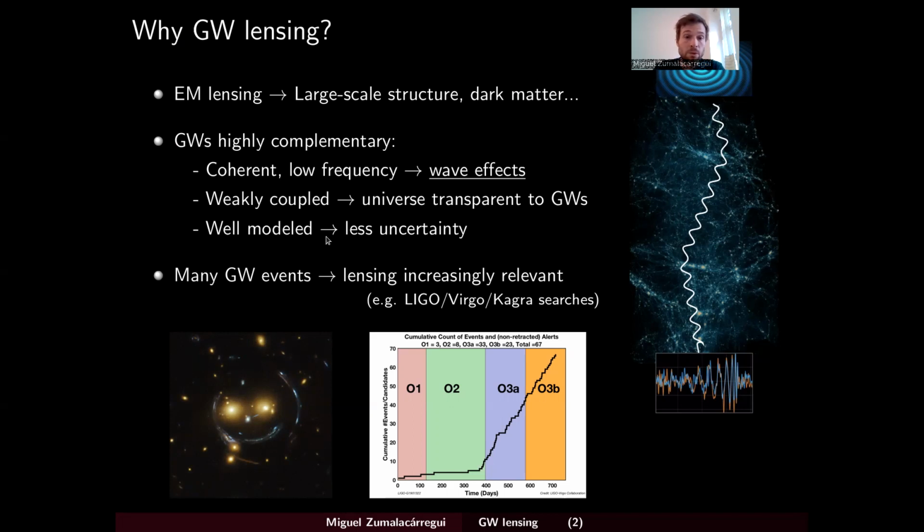And the third reason is that gravitational waves are detected at increasingly faster rates with each upgrade in the detectors. So it's just a matter of time before lensed gravitational waves are a reality.